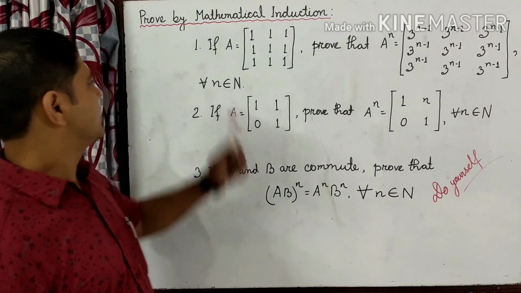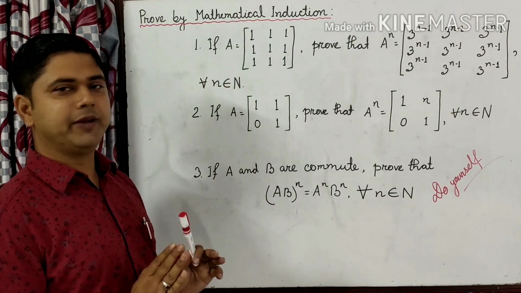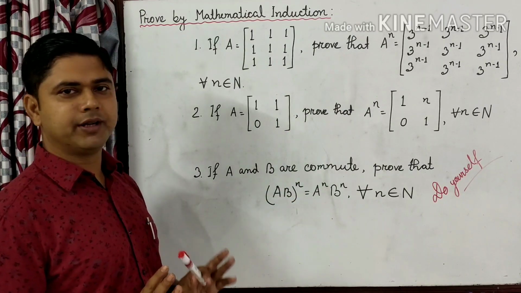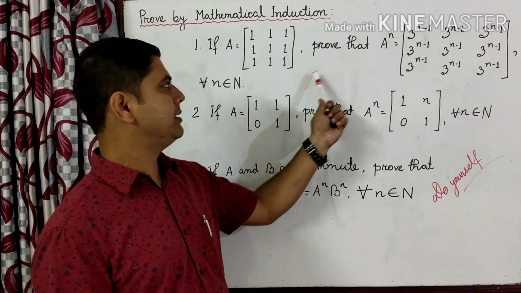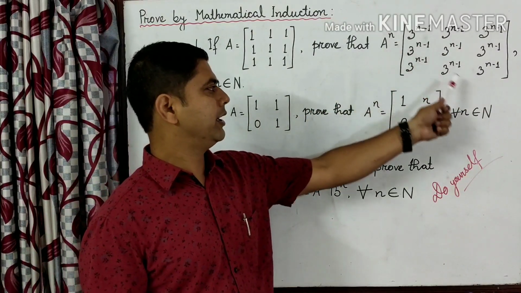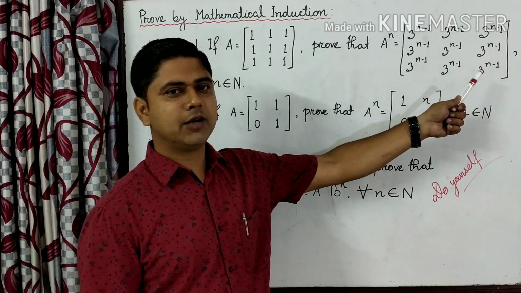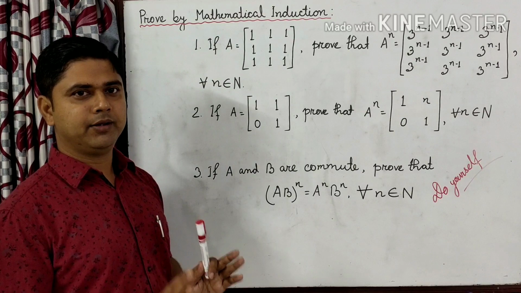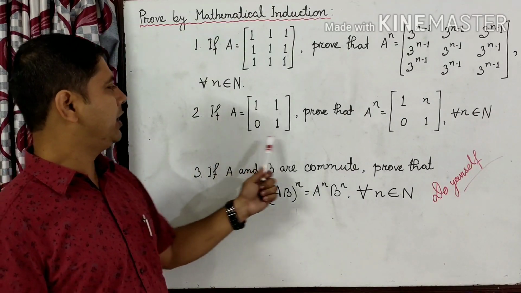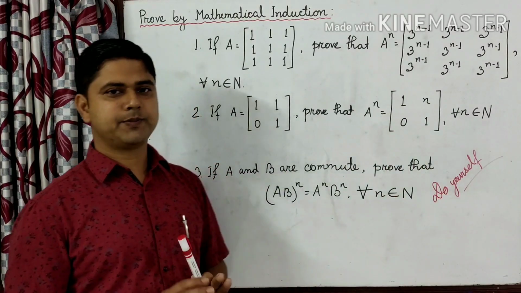Here, we consider some set of questions. Three questions are there. With the help of the principle of mathematical induction, you can prove them, with the same procedure. First one: if A equals this 3 by 3 matrix, then you have to prove that A to the power n equals this matrix, where all elements are t to the power n minus 1, for all n belonging to N. The second one: if A equals this 2 by 2 matrix, you have to prove that this is equal to this part.